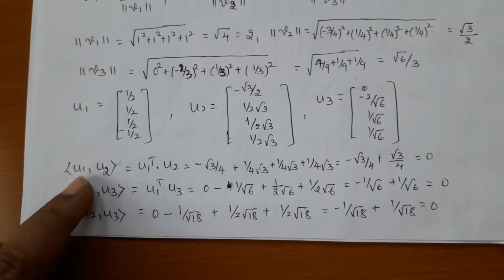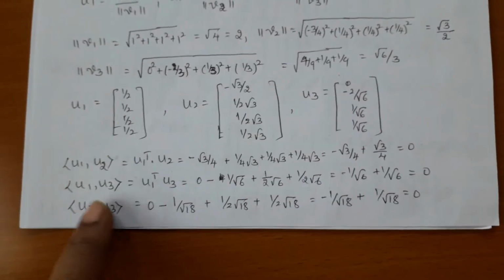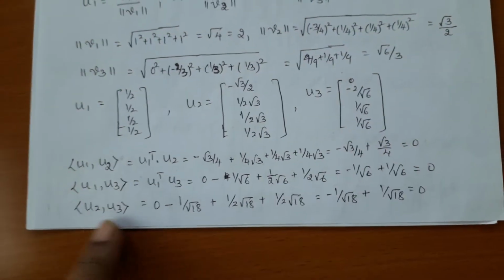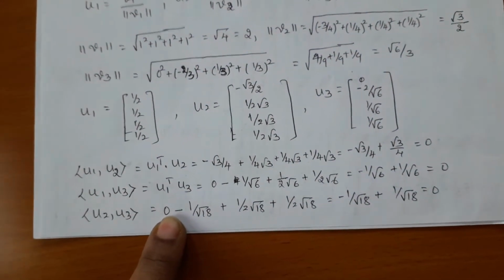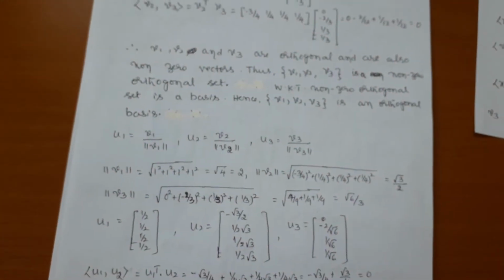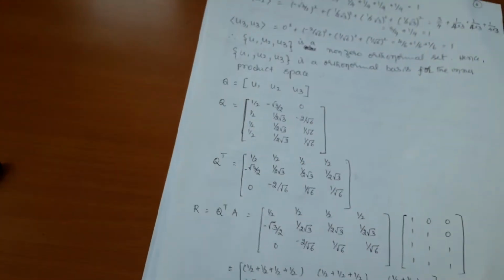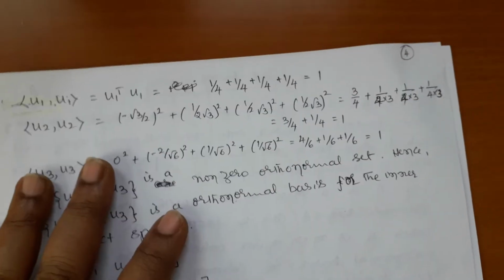Similarly, I find the inner product of U1, U2, which we get as 0; U1, U3 also 0; and U2, U3 also 0. This shows that these are orthogonal, but I want to verify orthonormal, so I further calculate the inner product of U1 comma U1.